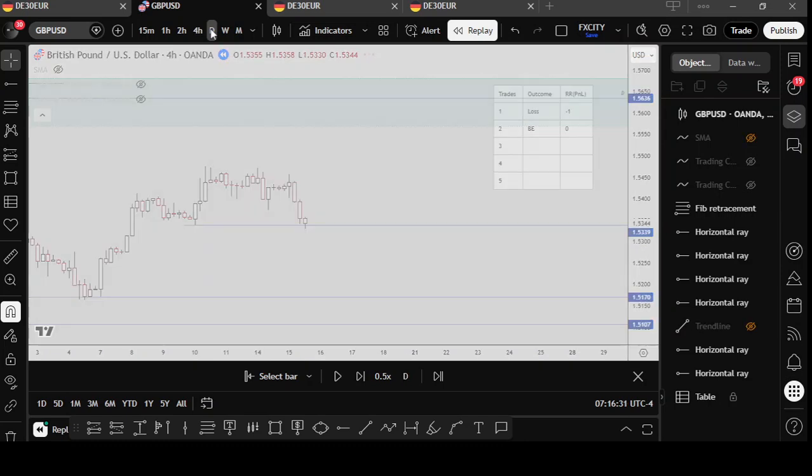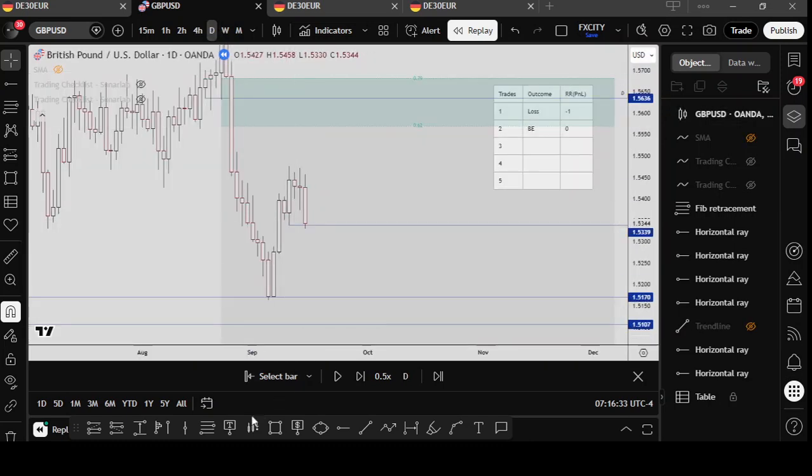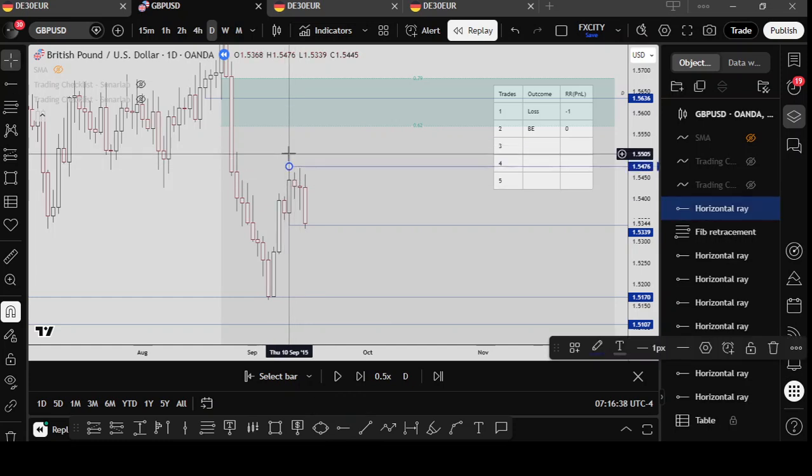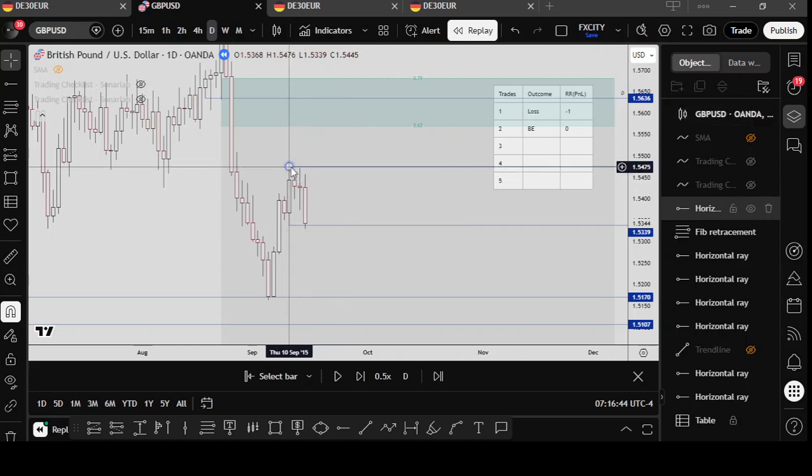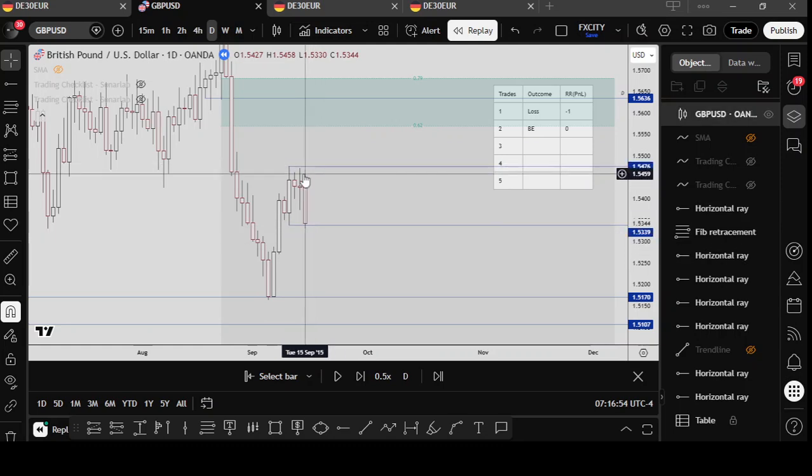If I'm looking for price to reverse from there, I am now very much looking for this particular high as my target, based on the fact that this high is the structural high. So if price comes back to this level, it might still reverse.